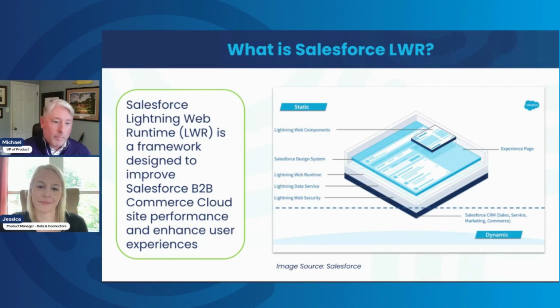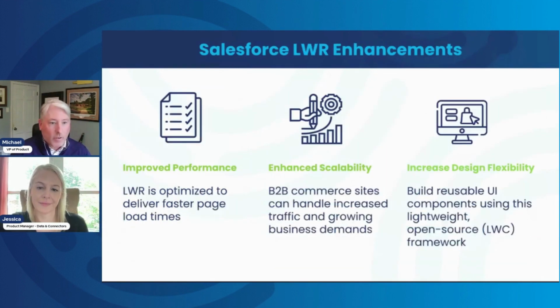So what are the key benefits of LWR? Let's run through those. Improved performance: it's a front-end framework that optimizes the delivery of page load times much faster. More scalability: as our customer sites grow and get more traffic, it has a more scalable framework. And lastly, it increases designer flexibility, with the ability to build reusable UI components.